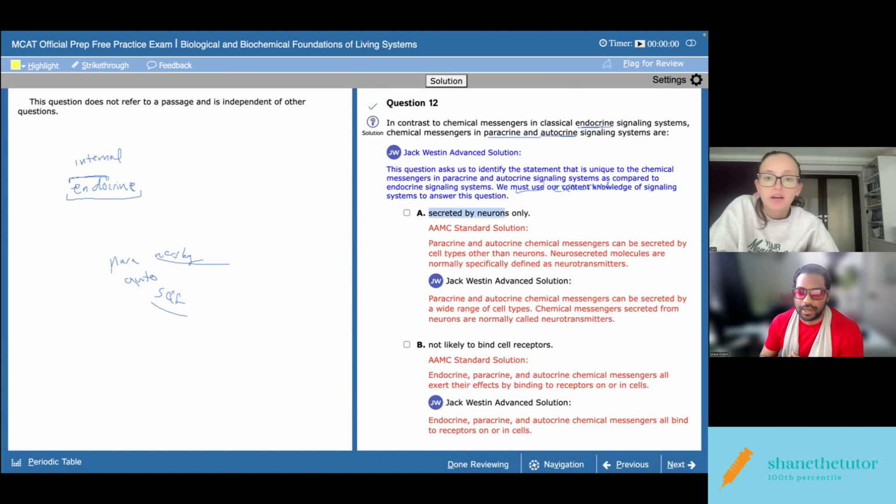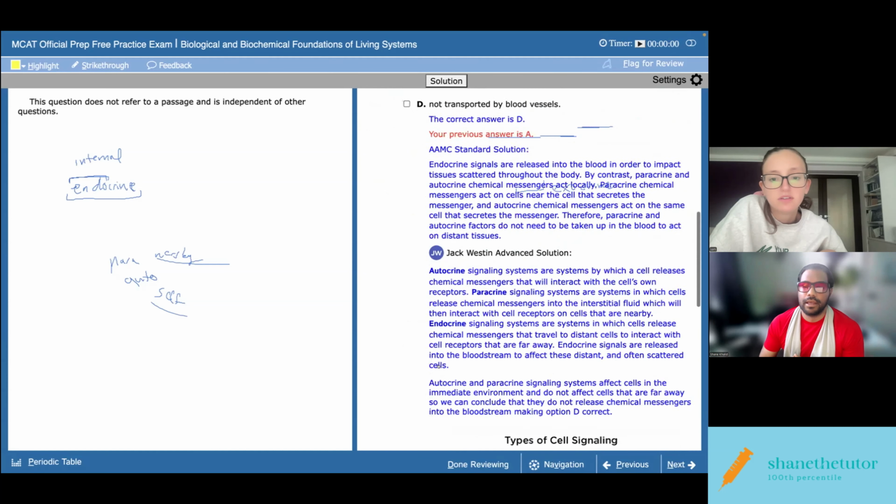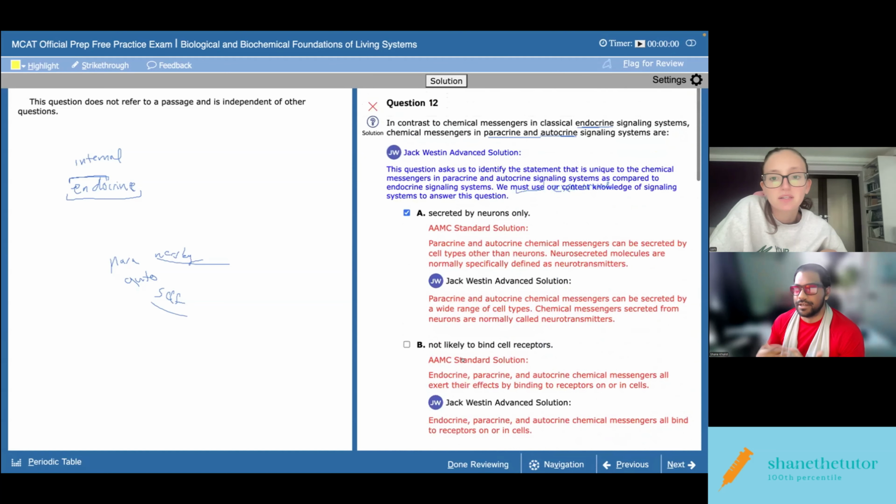There's always a way. I feel like this might be a trick answer, because when you think of signaling systems, your mind automatically goes to neurons and synapses. So knowing that the word "only" is kind of a red flag. When they say endocrine, you think of the endocrine system, where hormones travel through the blood, right?